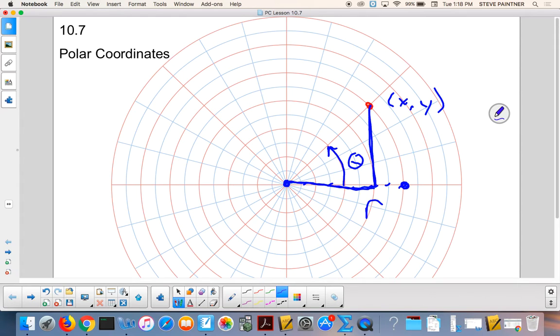And that's another way you could tell someone how to get to that point. Go out this far and then rotate until you hit that point. There's 2 coordinates associated with this, r and theta. And you can plot points in the coordinate plane just the same way you can with XY coordinates. So we're going to be solving problems and converting between Cartesian coordinates.